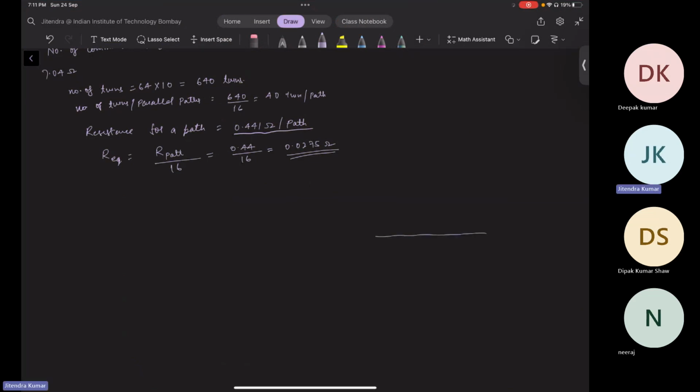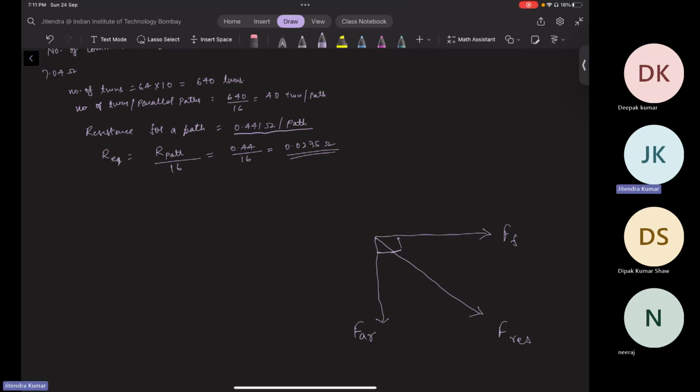So see, this is your field MMF, right? This is your armature MMF. Now the resultant will be something in this direction, right? Armature and field will be 90 degrees to each other. But what will happen?